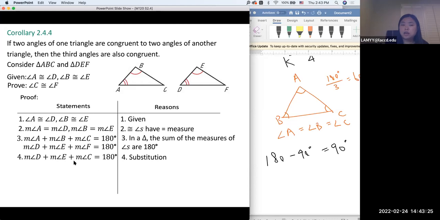Okay, after substitution, look at the second one here. These two equations both equal 180. I could say these two lines are equal to each other because both of them equal 180. Again, substitution.